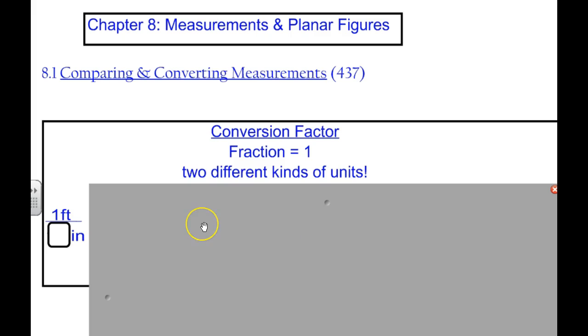So we're going to create a list of different conversion factors in this box. You might be using some of them today. These conversion factors all equal 1, but the crazy thing is they have different kinds of units.